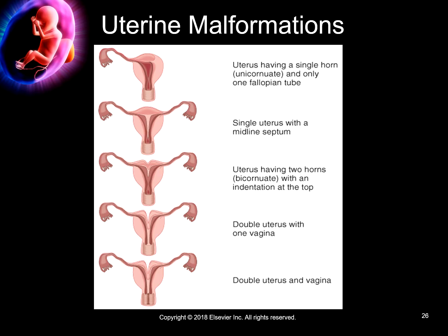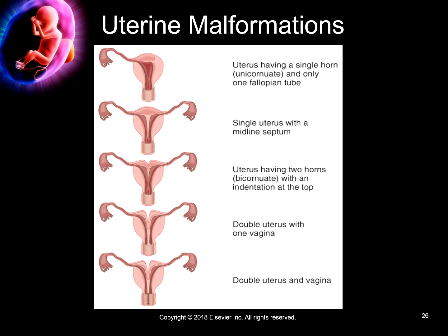And then there are uterine malformations. The types of uterine malformations that can cause infertility or repeated pregnancy loss include the uterus having a single horn, or unicornuate uterus, and only one fallopian tube, so that gives you a decreased chance of having an ovum fertilized by a sperm.